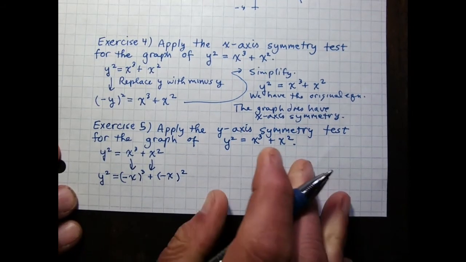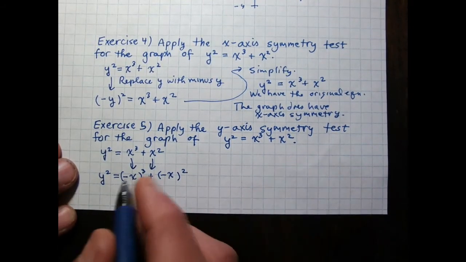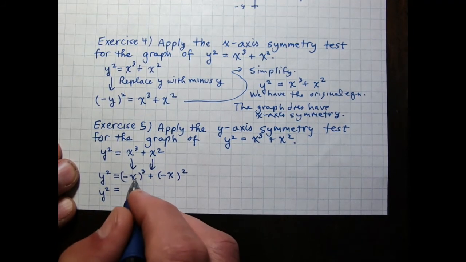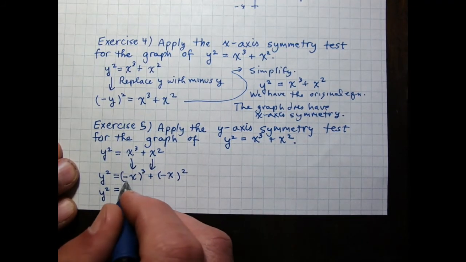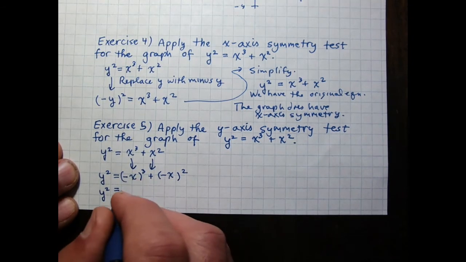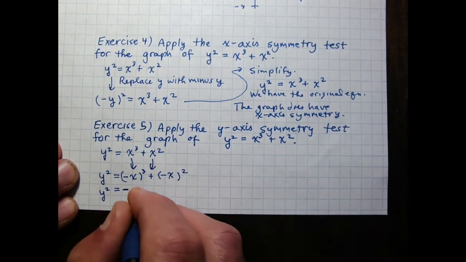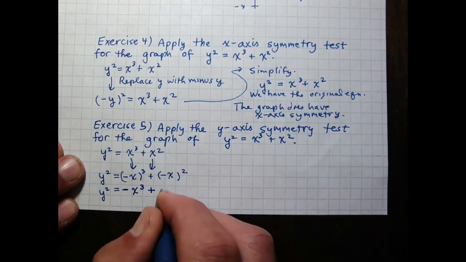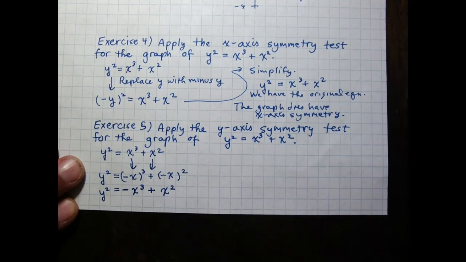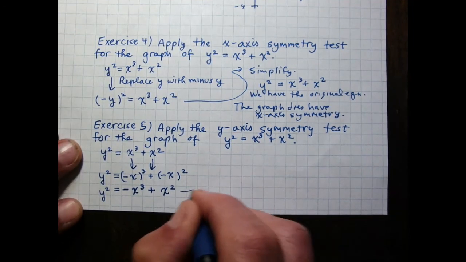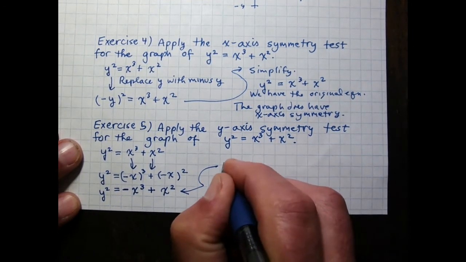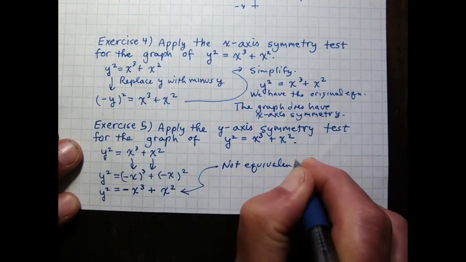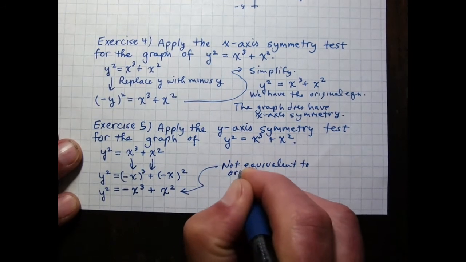And then we have to see if an equivalent equation results. We have y squared equals, now, minus x cubed is like a negative times a negative times a negative. When that gets multiplied out, it will be minus x cubed. But minus x squared will just be plus x squared when it gets multiplied out. So notice this is not equivalent to the original equation.